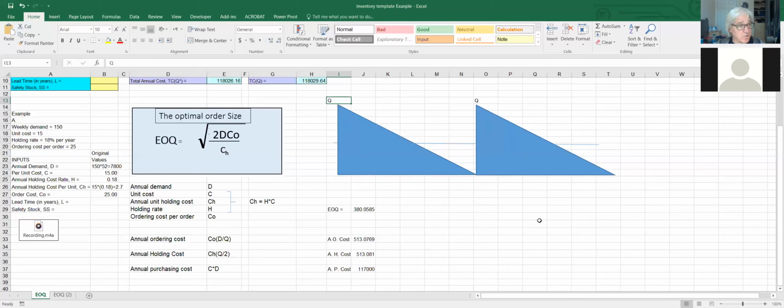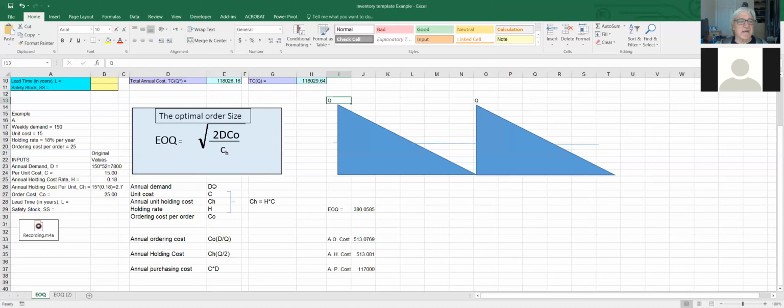EOQ, by the way, is economic order quantity. What we are looking for in this modeling is how much to order to minimize total cost. How much to order is the EOQ, also denoted by the letter Q with an asterisk. So I call it Q star.